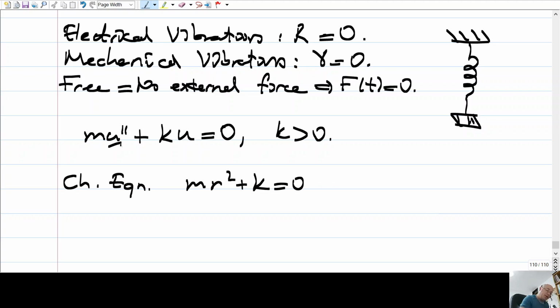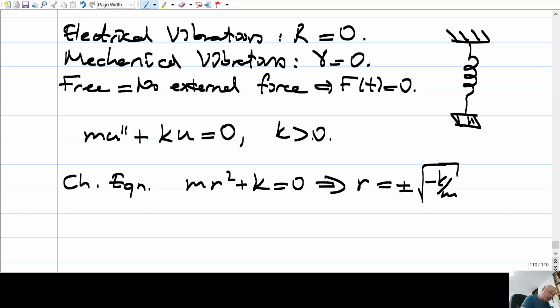I replace u terms by powers of r, the power of r being the order of the derivative of the u term. Second derivative, r to the power 2; zeroth derivative, r to the power 0, which is just 1. And then from this we obtain the roots. Here the roots are plus minus square root of minus k over m.